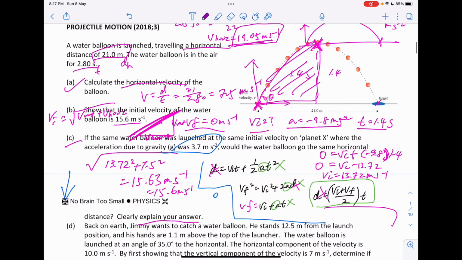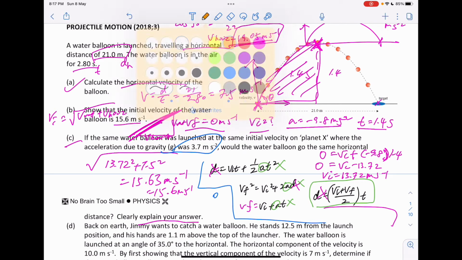Wait, actually, no. No, actually. It will affect the horizontal distance, because a lower acceleration means we have to change the values. Wait, just mark this. So we're going to change the values here.